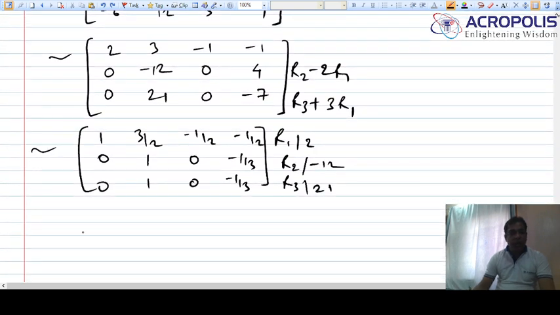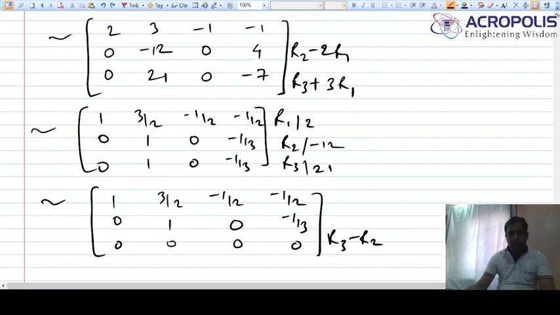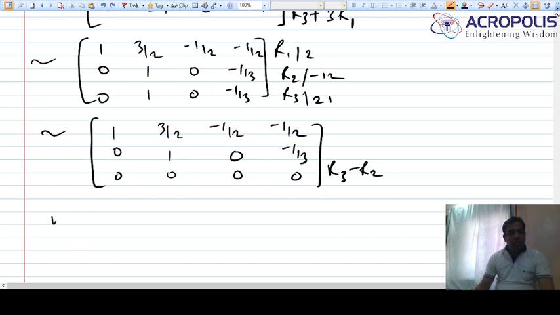As you can see, the second and third rows are identical. So we will apply the operation R3 tends to R3 minus R2. This will make the last row a 0 row, and which is in echelon form.